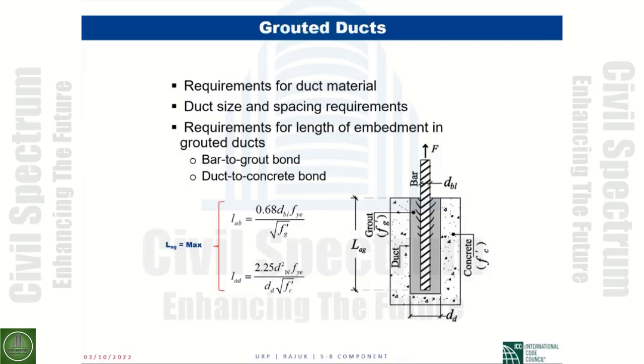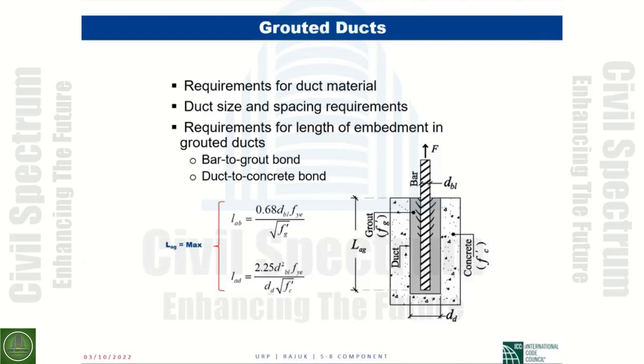In our provisions, it's not required that you use UHPC. You can use a regular high strength grout, not ultra high performance concrete with the fibers, which are relatively expensive.